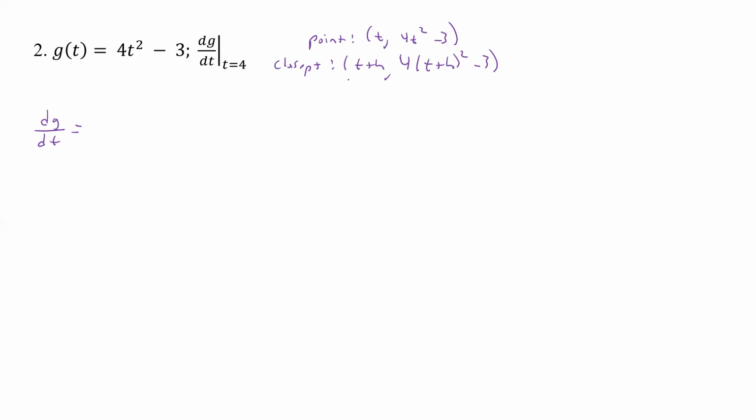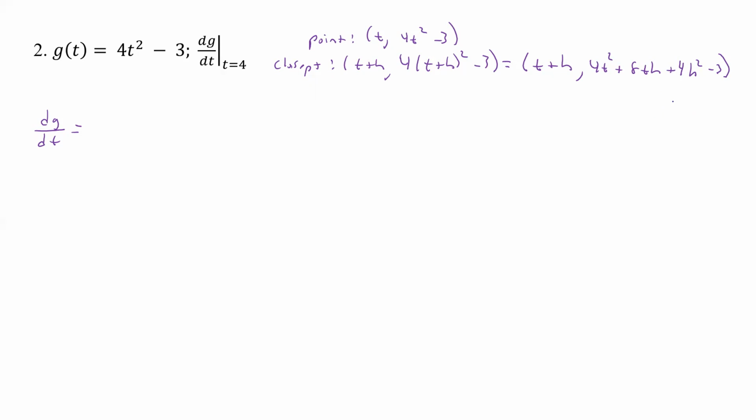So what we can do is kind of cheat and say, well, we know that's going to give us t plus h comma, and then that was going to be our 4t squared plus 8th plus 4h squared, and then we have minus 3, okay? So that's going to be that.